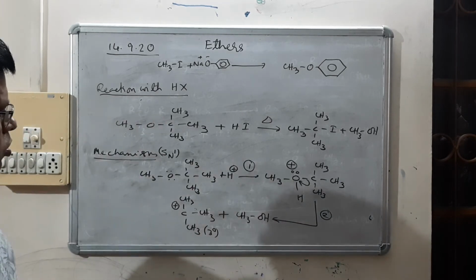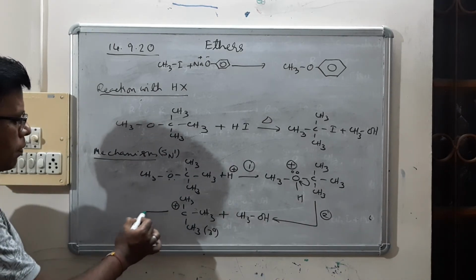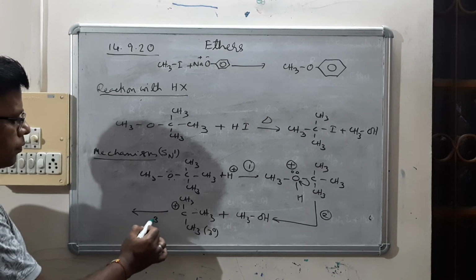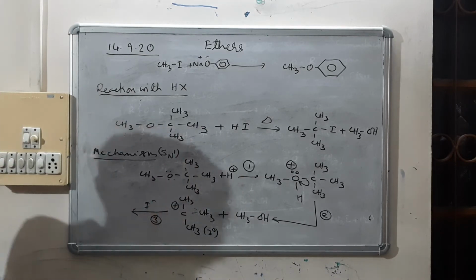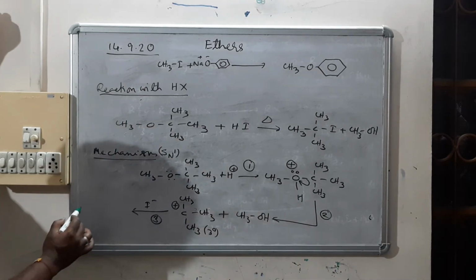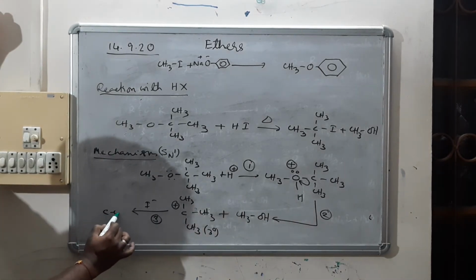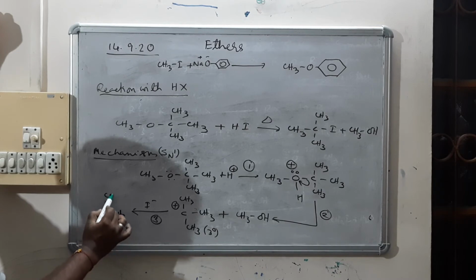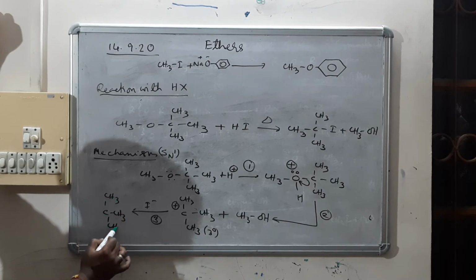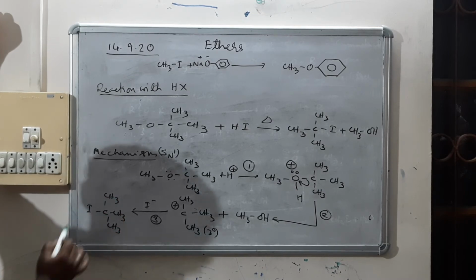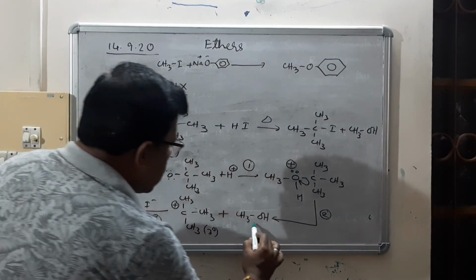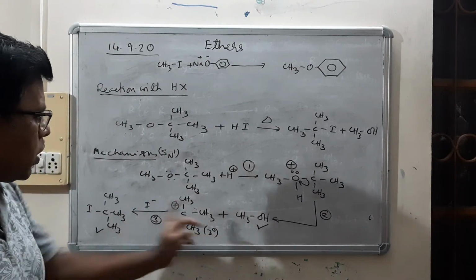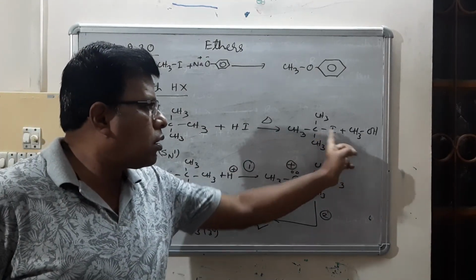And after the formation of carbocation, in the third step, nucleophile will attack, and we will get this product. So you see, these two products that we are getting are also here.